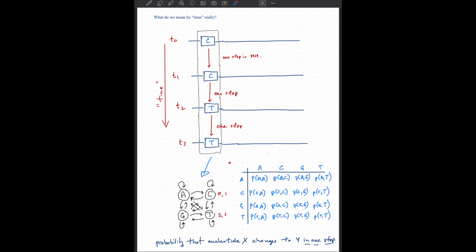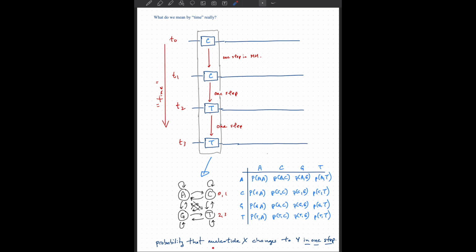Now, our transition matrix that parameterizes this graph looks like this, where the probability of A going to A, A going to C, that would be this arc, A going to G, that, and A to T, etc. This is the same as before, but we would call this our transition matrix, our probability matrix.